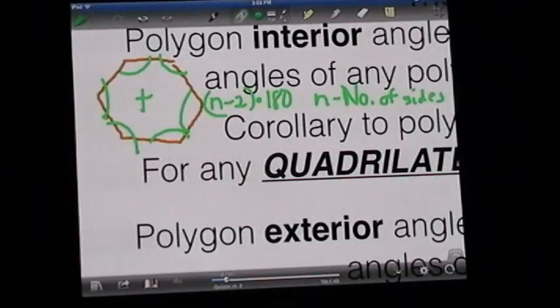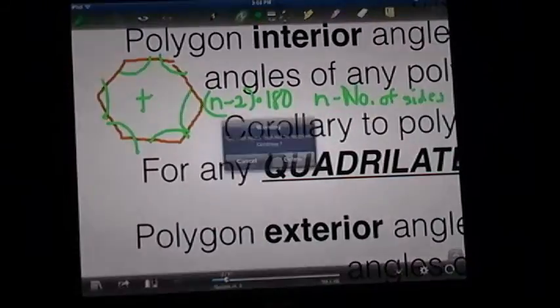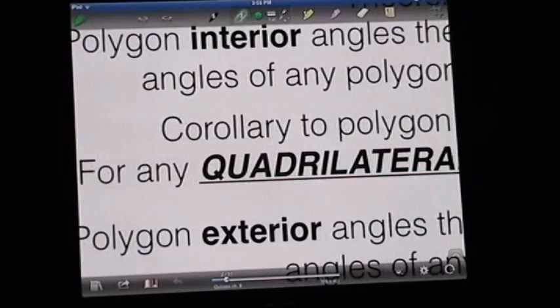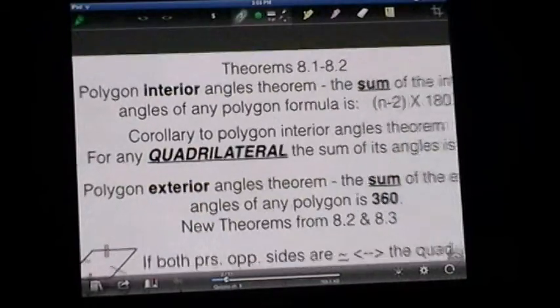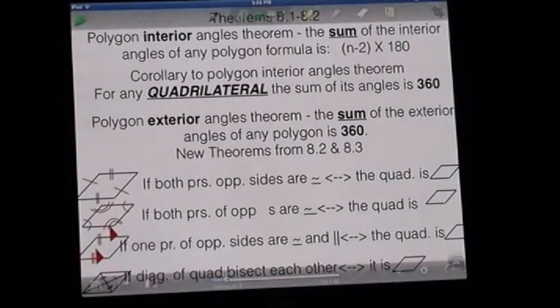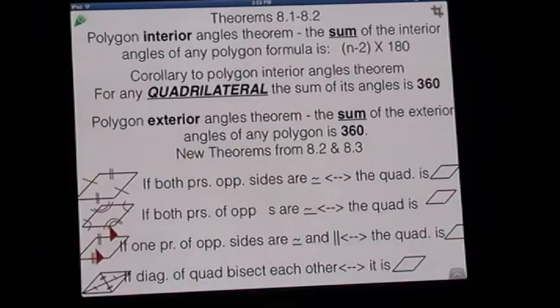Okay, so the corollary to the polygon interior angles theorem is, because we use quadrilaterals so much, they're going to tell you that for every quadrilateral, four-sided figure, the sum of its angles is 360. So at this point, you might want to draw a quadrilateral.